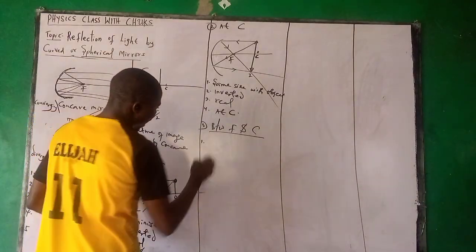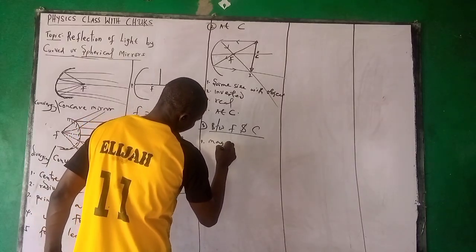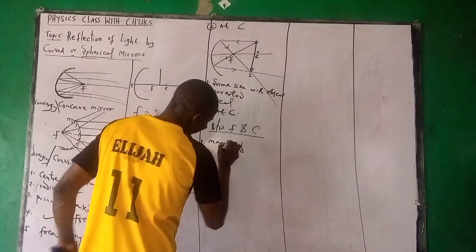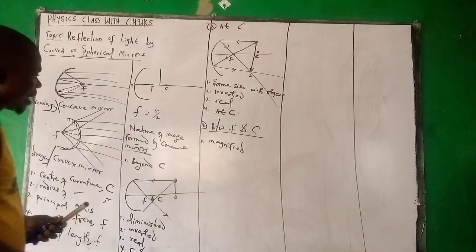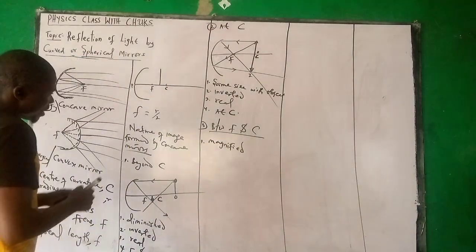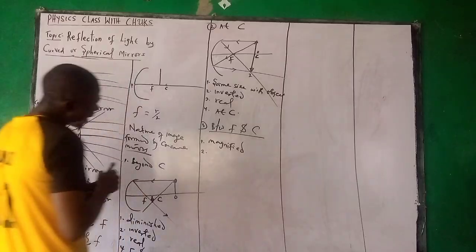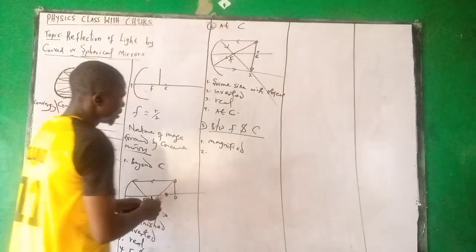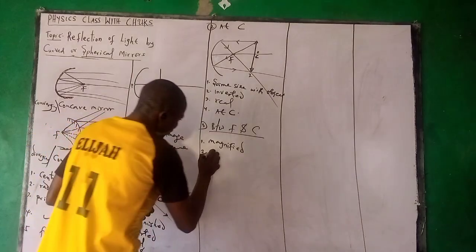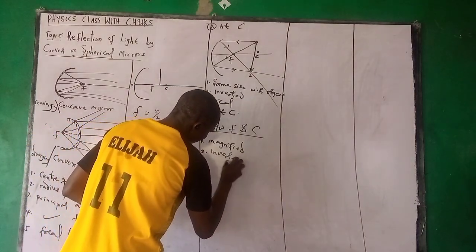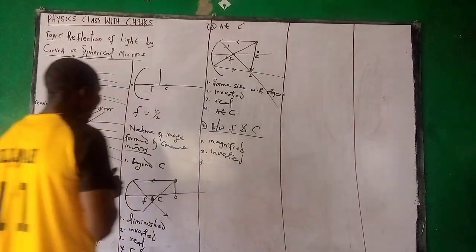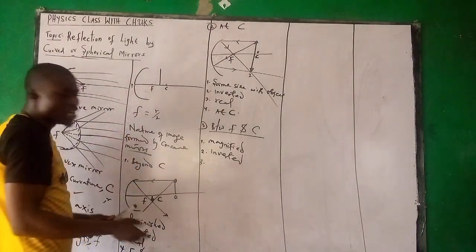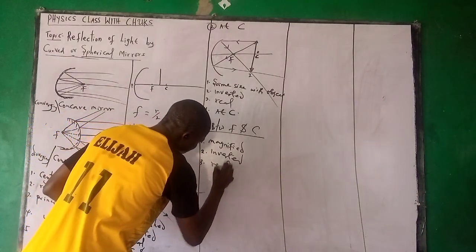We call it magnified. Next, that kind of image will still be inverted, upside down. And the image will still be real, just like the object.